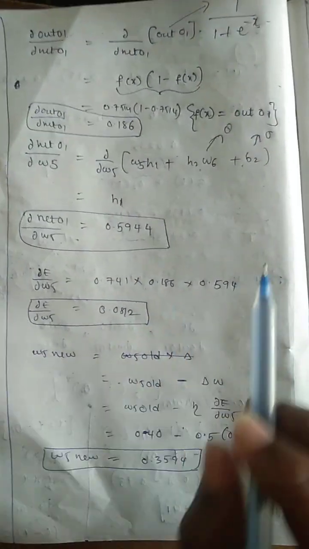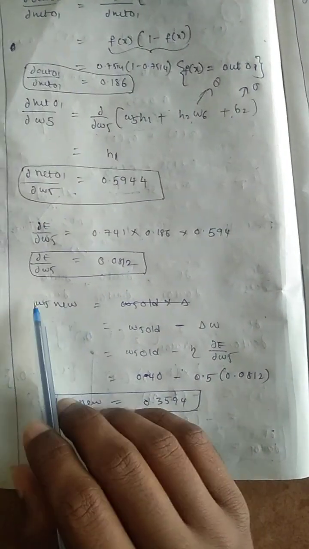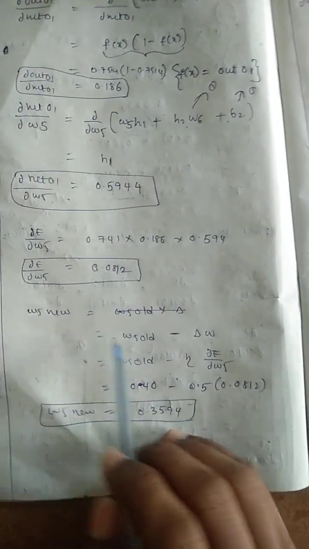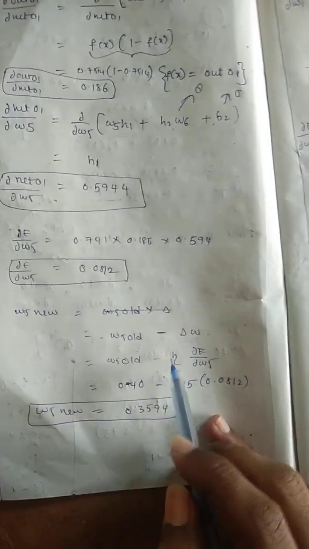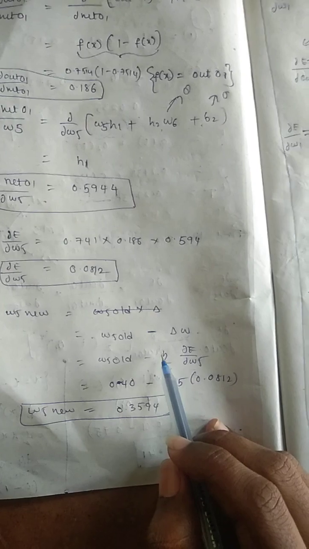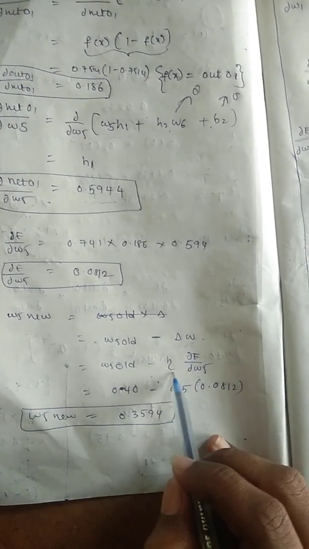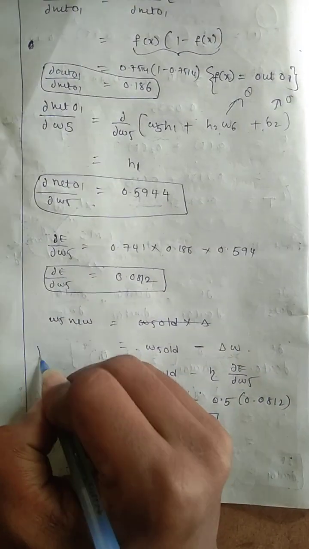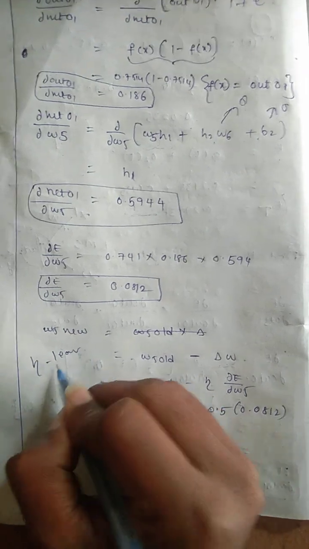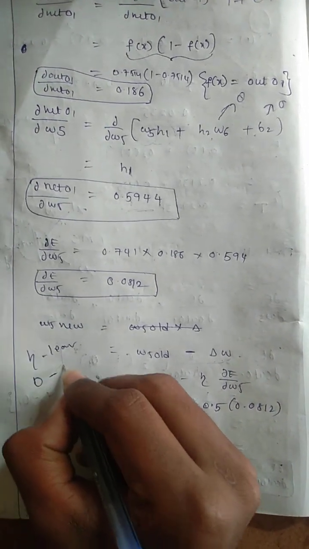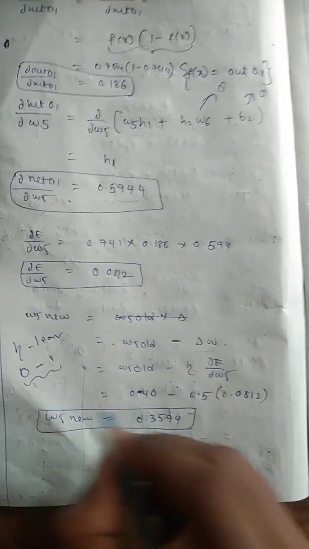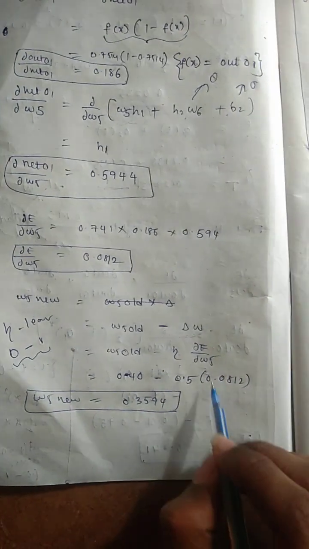Now we have not completed the total term. As per the formula, w5 new is equal to w5 old minus delta w. What's the delta w? Generally output into input. For this we can mention the learning rate eta. Generally eta is called the learning rate. The learning rate should be taken between 0 and 1. Between 0 and 1, whatever value we want, we can take.